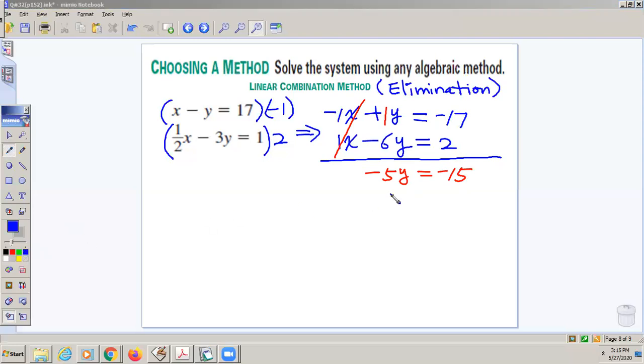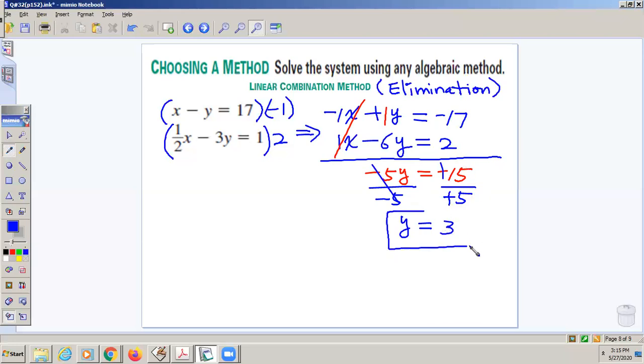Then we divide by -5 to cancel out the -5 in front of the y. So -5 divided by -5 cancels out to 1, so 1y is just y, and negative divided by negative is positive, and that's going to be +3.